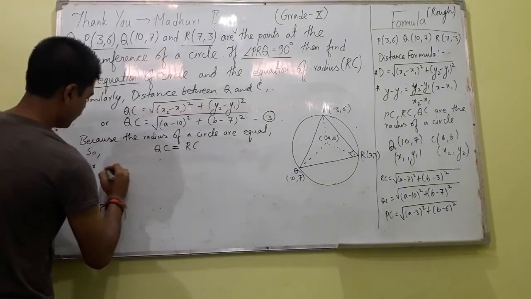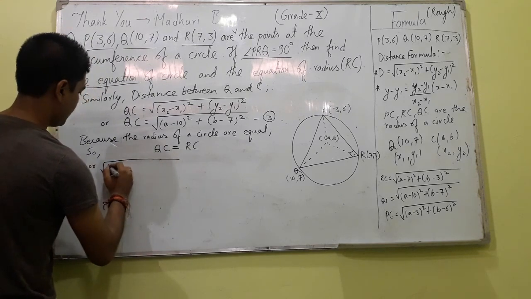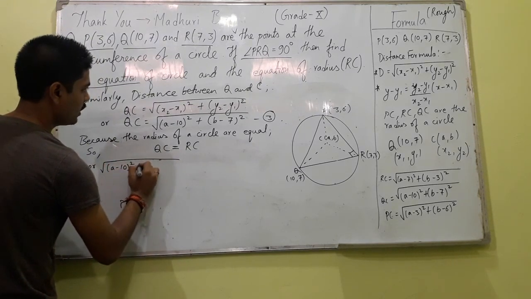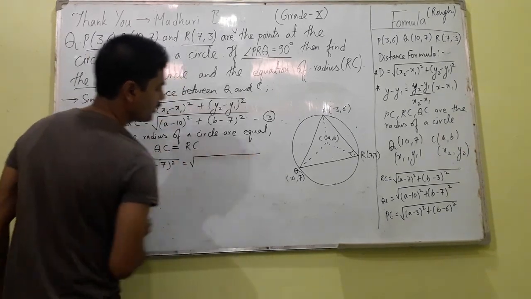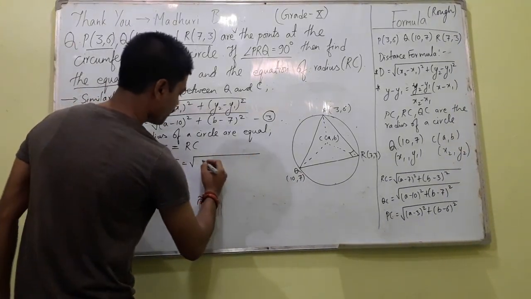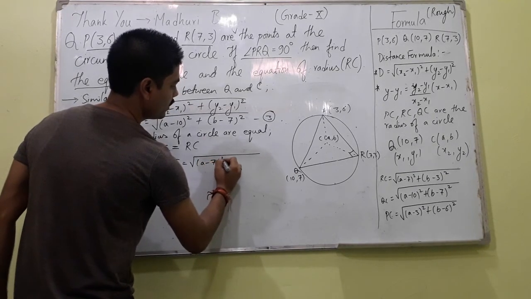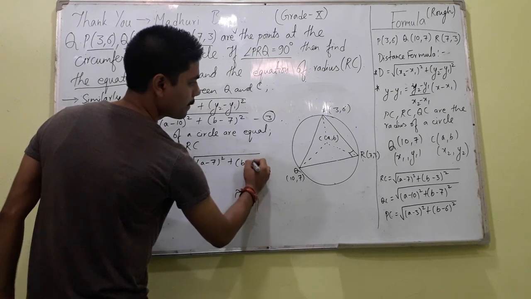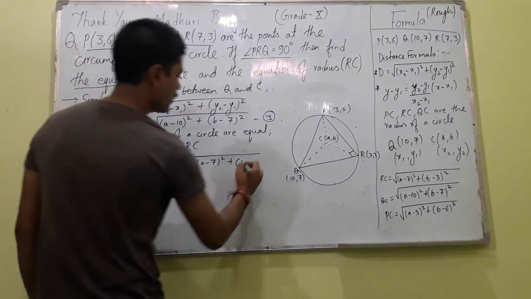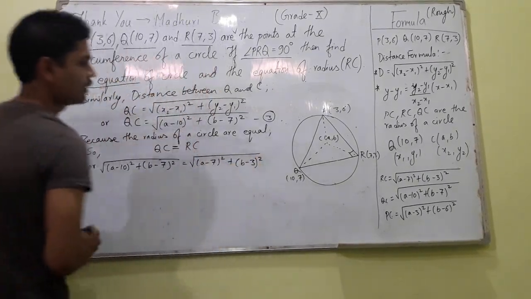QC is A minus 10 whole square, B minus 7 whole square. RC is A minus 7 whole square and B minus 3 whole square.